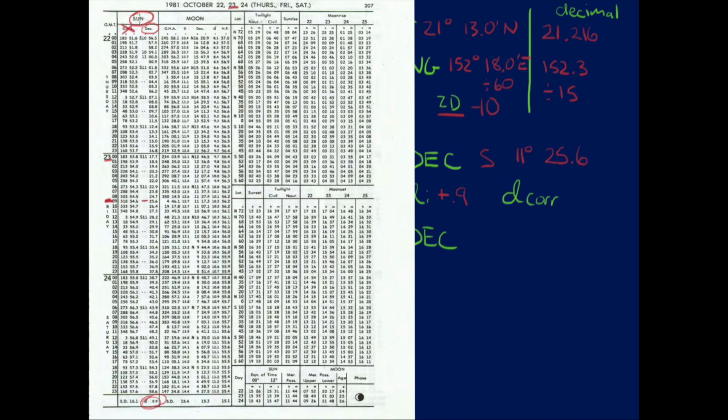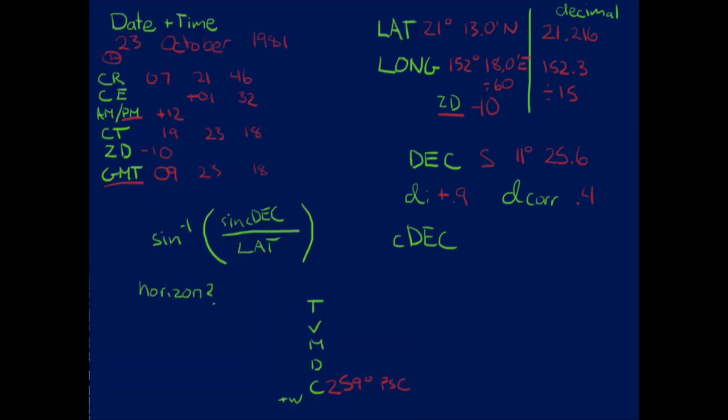We don't care about the 18 seconds, just the D value. That 0.9 D gives us a D correction, plus 4. Just skip looking that up for time's sake.